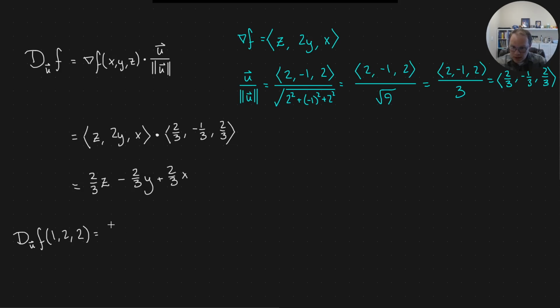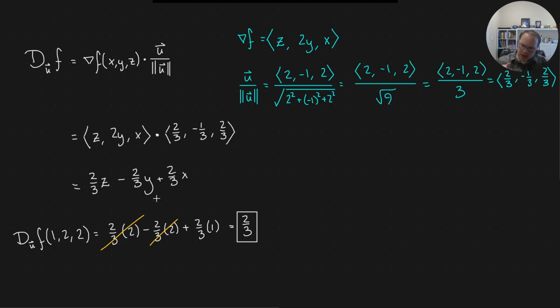So I'm going to plug in 2 for z, 2 for y, 1 for x. 2/3 times 2 minus 2/3 times 2, those will cancel. And so I just get 2/3 times 1, which is just 2/3. So that's the rate of change of function f in the direction of vector u at the point.